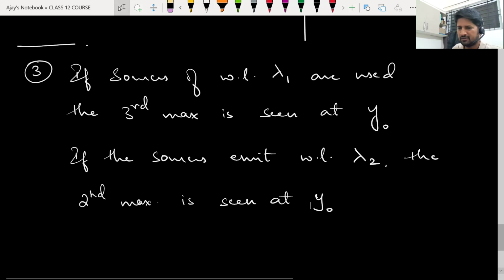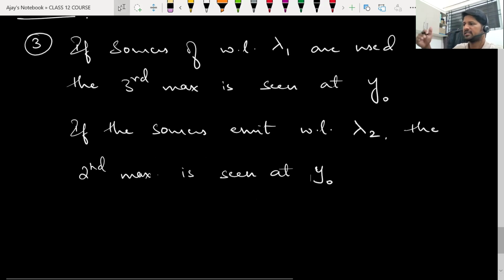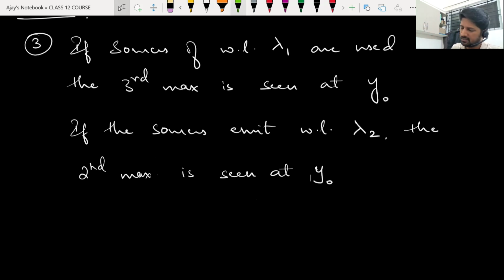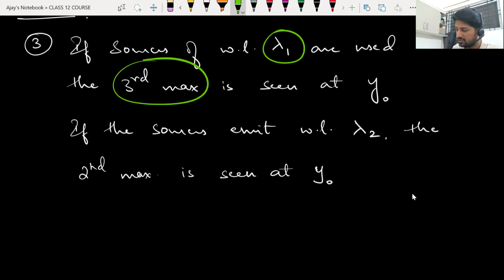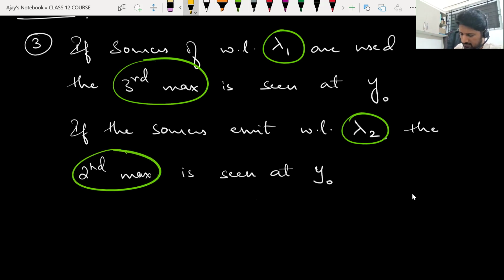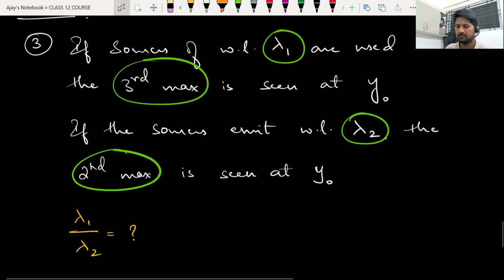So if you change the wavelength, where you get the first maximum, second maximum will change. So when sources of wavelength lambda 1 are used, we used to get the third maximum at one position on the screen. But when the wavelength is changed to lambda 2, we are getting the second maximum there. Based on this information, calculate the ratio lambda 1 to lambda 2. Okay. Try.